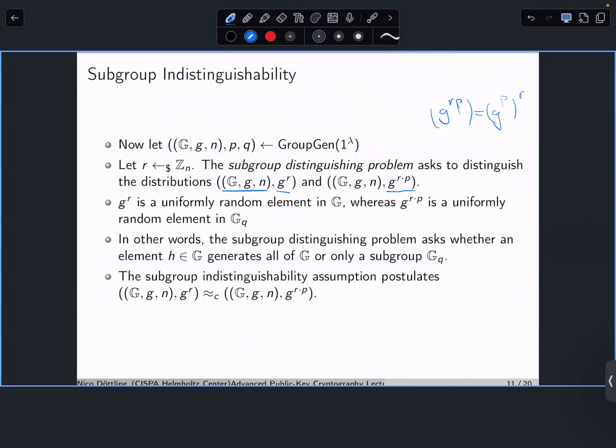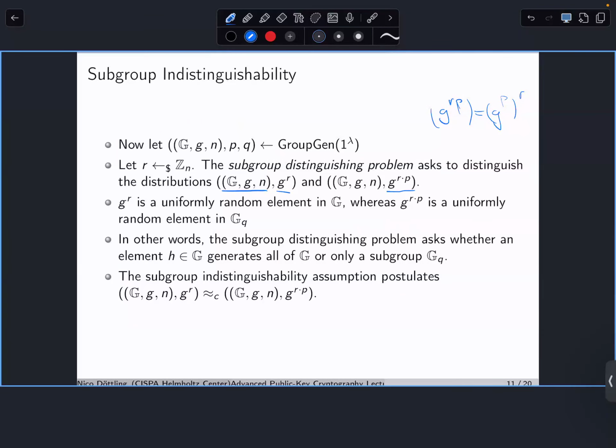When we're talking about groups of composite order, we cannot fix an infinite family of groups because these groups need to be privately generated, right? Anyone who knows the factorization of n into p and q will be able to break some natural hardness assumptions in such groups. In particular, we'll be able to break subgroup indistinguishability.